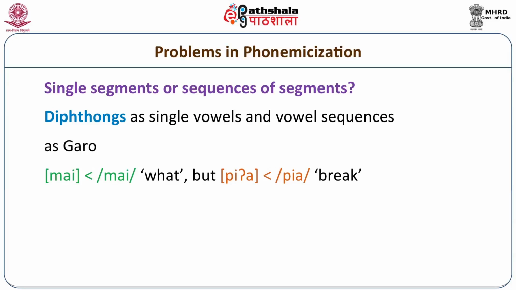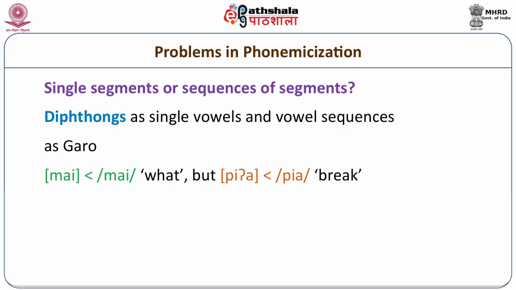For example, let's take a look at the vowel sequences versus diphthongization problem. So in some languages, it is somewhat less difficult to decide whether a sequence of vowels is a sequence or a diphthong. Similarly, whether complex consonants are single consonants or a combination of 2 consonants. Let's look at some of these data.